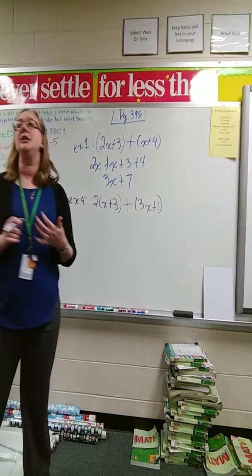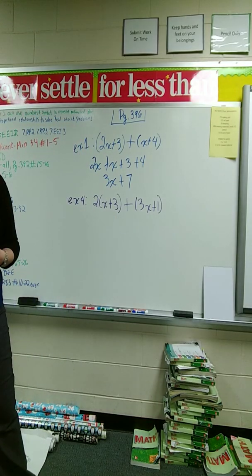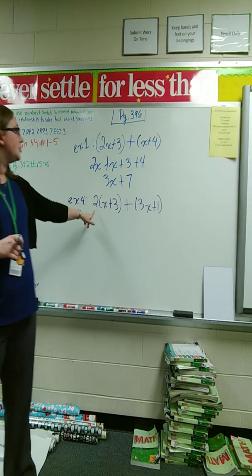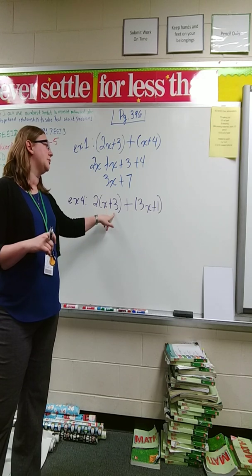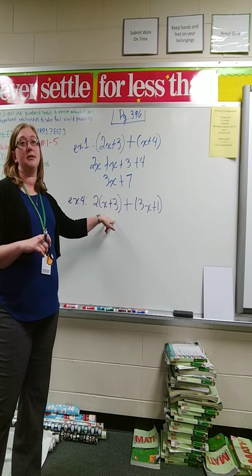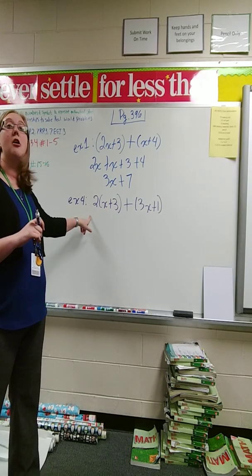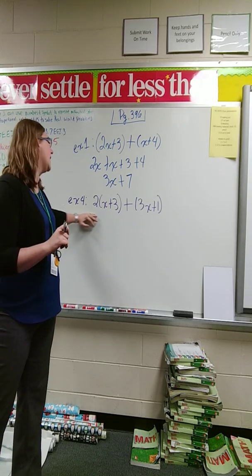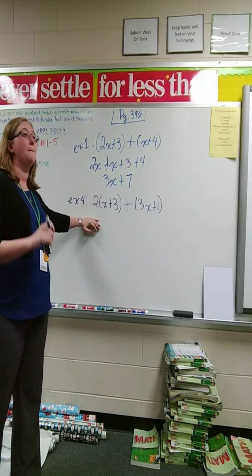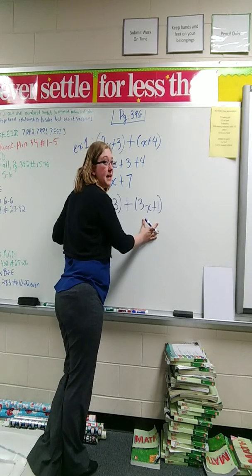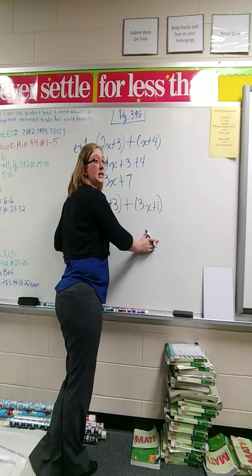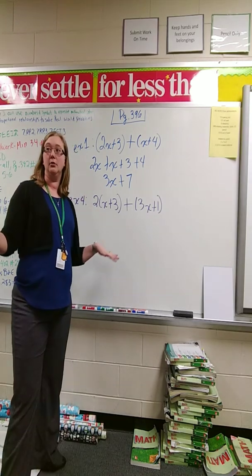This time I have to use the distributive property first. I'm going to distribute this 2 to the x and the 3 inside this set of parentheses. Now this 2 is strong enough to go towards everything in this set of parentheses, but it is not strong enough to go all the way over to the second set. So the 3x plus 1, we're going to leave alone.